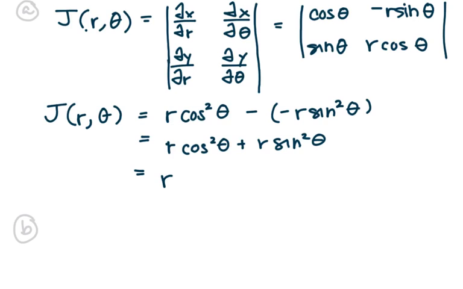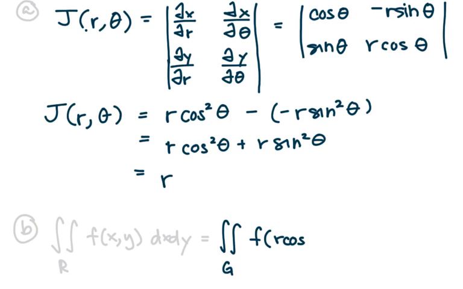So for the second portion here, assuming that we originally had some integral over the region R of some Cartesian function, f of x, y, and we wanted to rewrite it now using our transformation over some region G. So we're kind of simplifying the shape of the region so that it's easier to integrate. That's the whole point of this. Well, that would become a function. The x becomes r cosine theta.